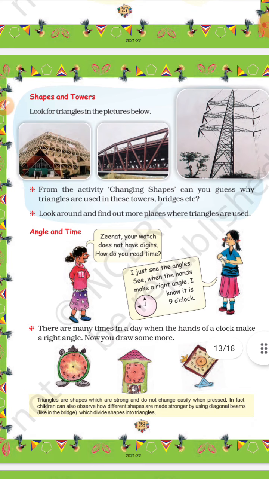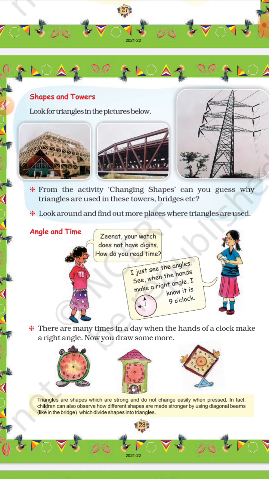Now you can see the shapes and towers here. From the activity changing shapes, can you guess why triangles are used in these towers and bridges? Look around and find out more places where triangles are used.